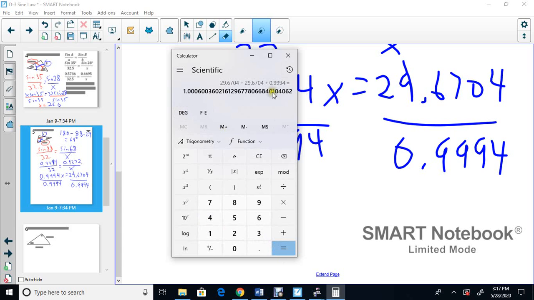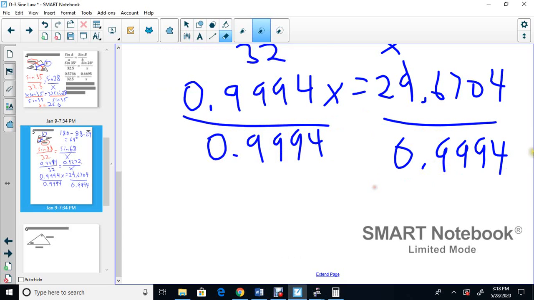That can't be right. I did something wrong. Let's clear that. I knew that wasn't right. So 29.6704 divided by 0.9994 gives 29.7, which is almost unchanged, like dividing by 1. So x equals 29.7.